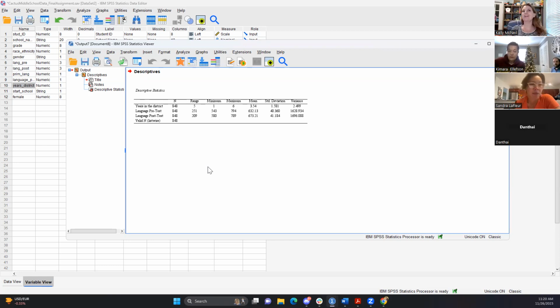I've got to think through this. I'm going to try ANOVA. Hold on, let me just try something. ANOVA, compare means, one-way ANOVA. Years in the district. Wait, what's the dependent?